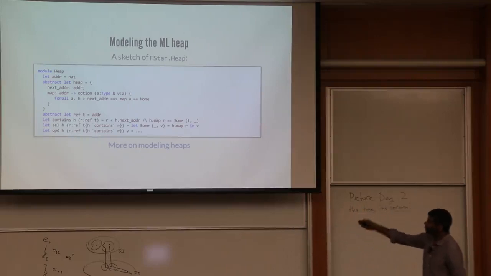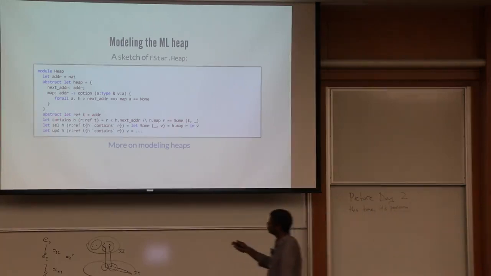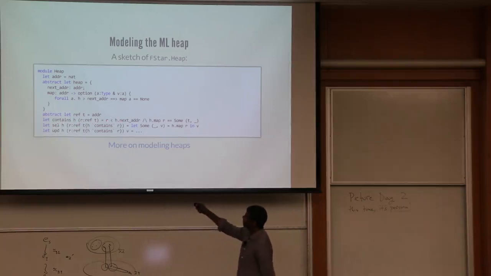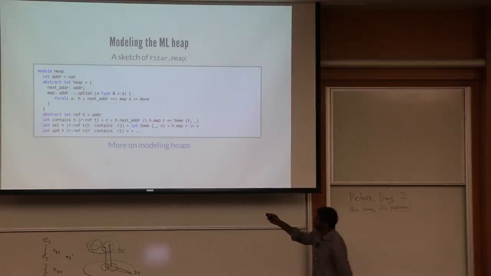Okay? Now that's my abstract model. Now I can just define, say, ref T. Ref T is just an address, but I'm going to define this notion of containment. I'm going to say a heap H contains a ref T if the address of the reference is less than the next address, so it's still allocated, and the map at that location is a sum whose type T is actually the index type.